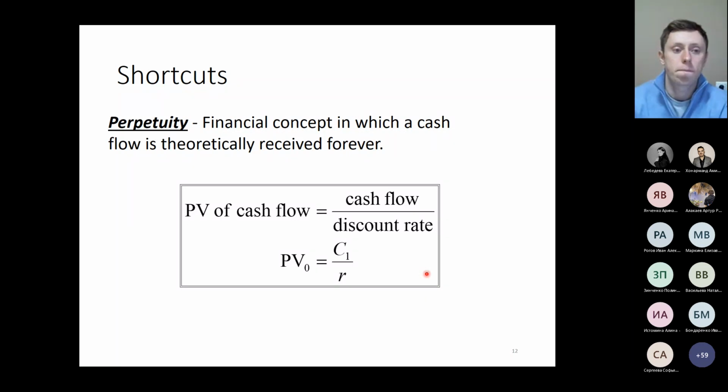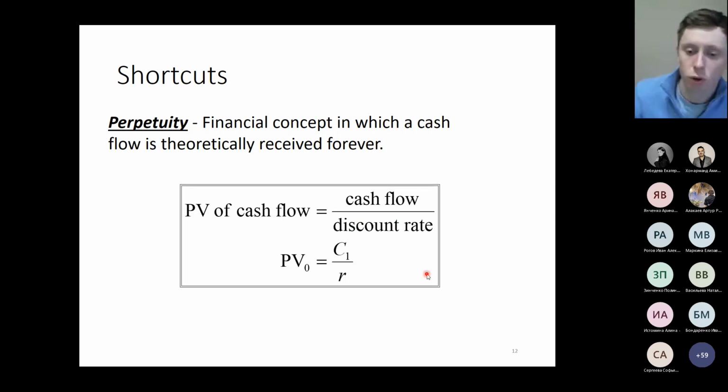There is a concept of the same cash flows which are paid forever with a fixed time interval. It can be, let's say, every year on the 31st of December, you receive 1 million rubles forever.